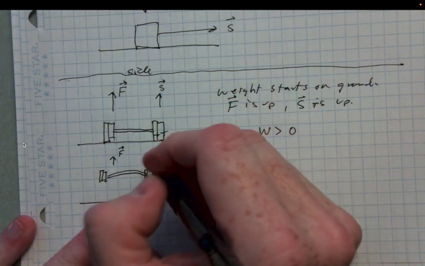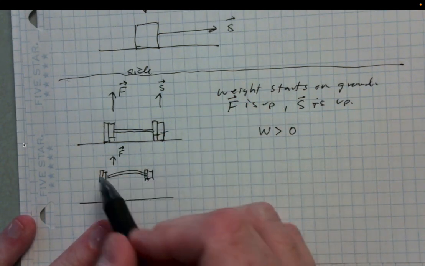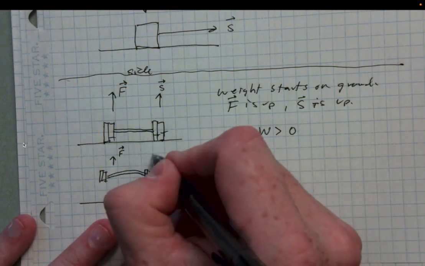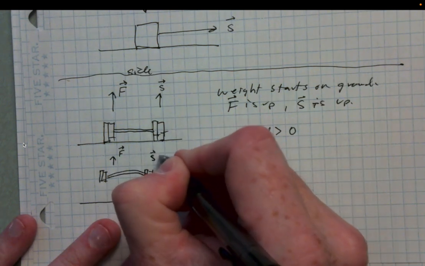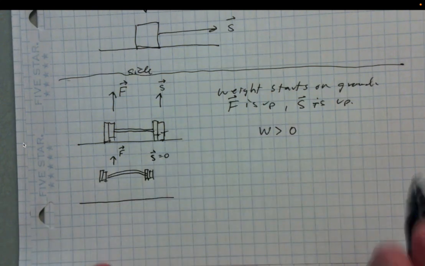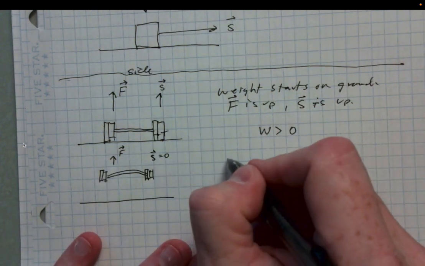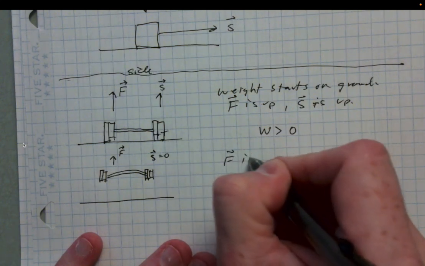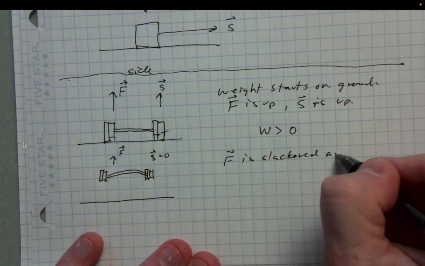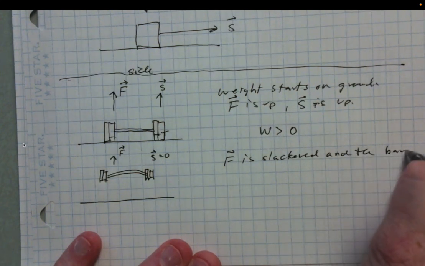But at a certain point, when you slacken your force, the barbell is going to slow down, and eventually the displacement is going to be equal to 0. This thing will stop moving up. Okay. So here we would say the force is slackened, and the bar reaches the top of its trajectory.